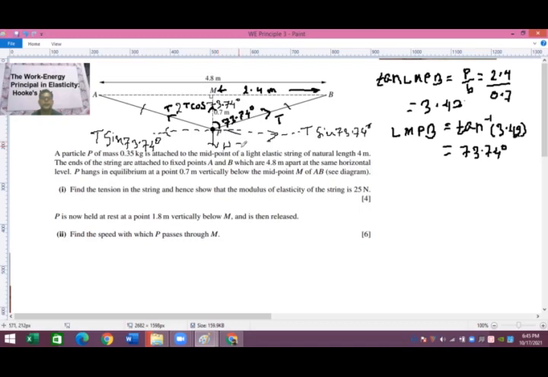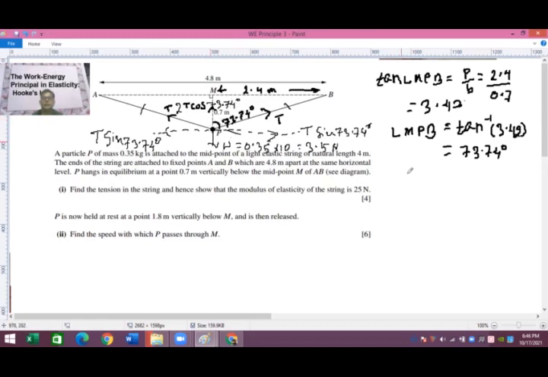Its mass is given as 0.35, and g you can write as 10, so the weight is 3.5 Newton. And you can see that T sine 73.74 degrees towards left and towards right balance each other, so they cancel each other. Then these two forces, that means W and 2 times T cos 73.74 degrees, will balance each other.